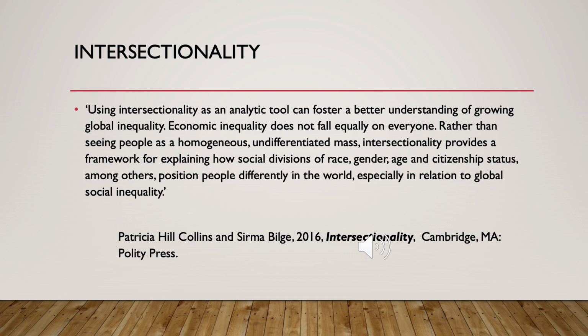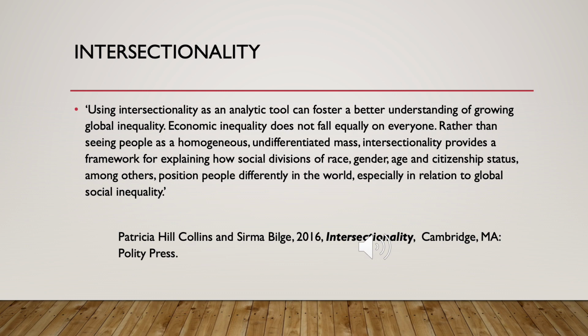The discussion of the various domains of power in the previous slide makes it easier for us to see how using intersectionality as an analytic tool can foster a better understanding of growing global inequality. Economic inequality does not fall equally on everyone.